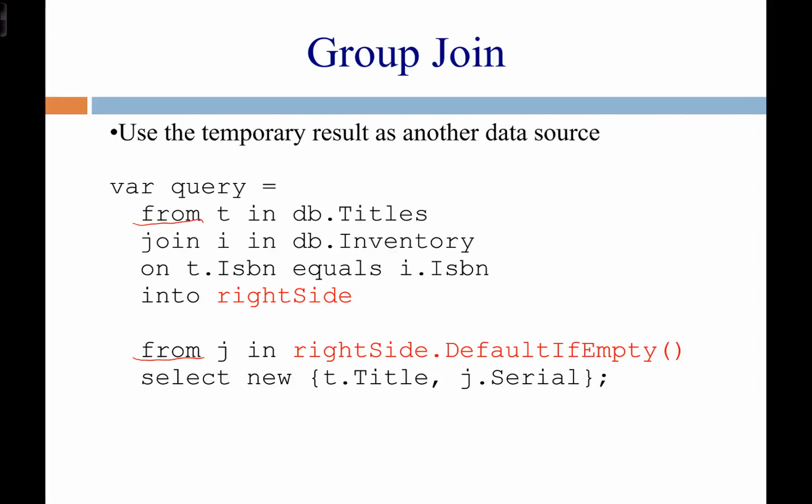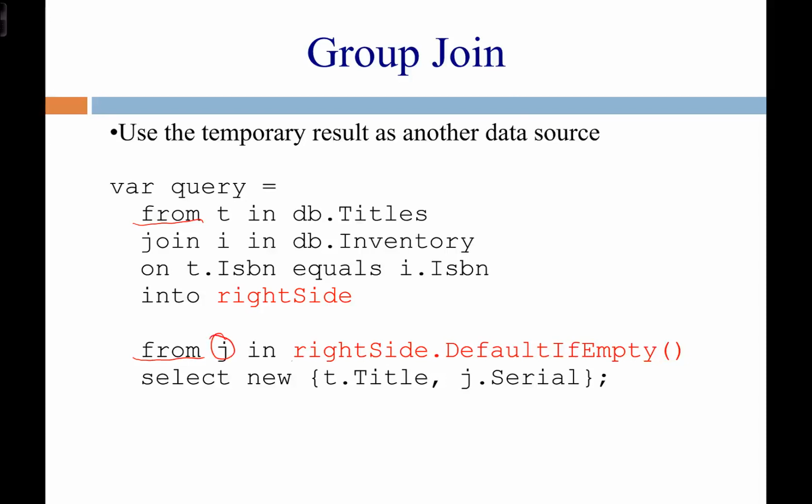And effectively, the way that works is it turns into a nested loop. So I can do from J, or just some range variable, in right side, which is the temporary data source, dot default if empty, which will turn empty lists into a default value, in our case null.